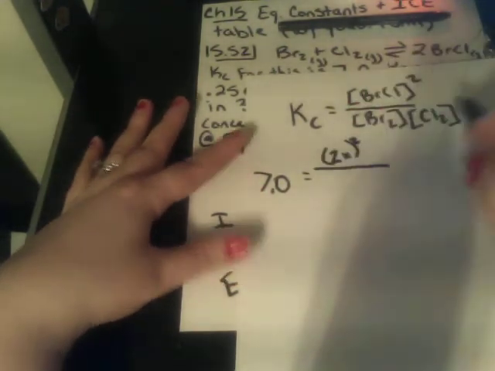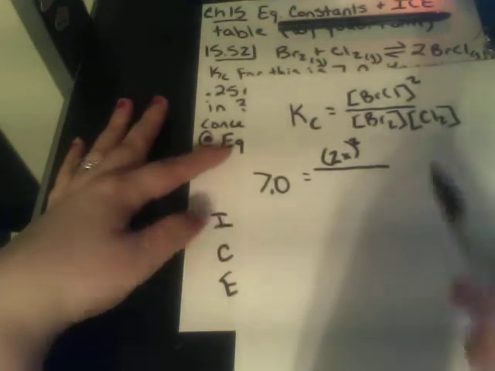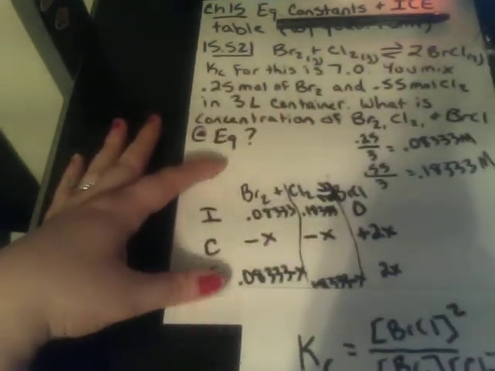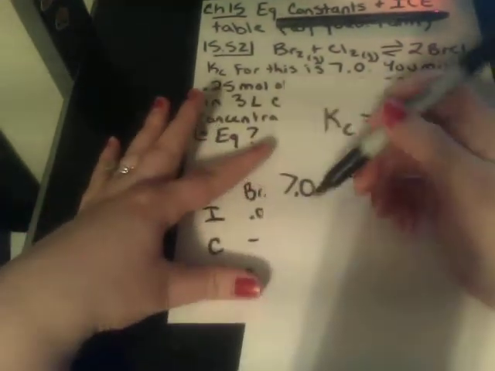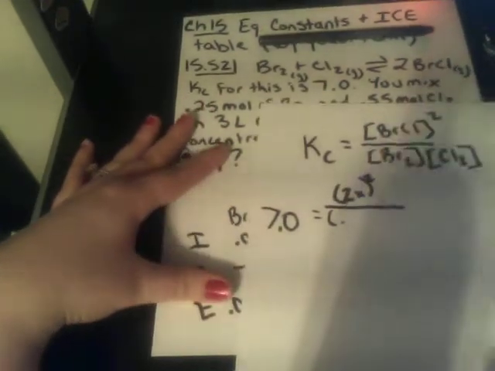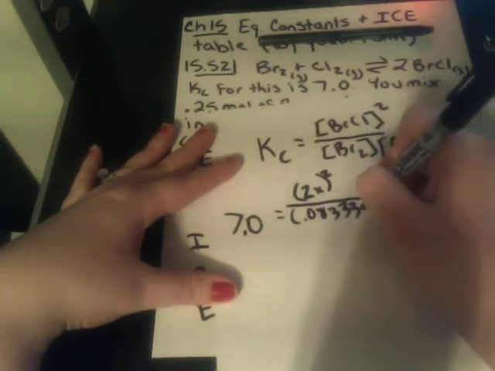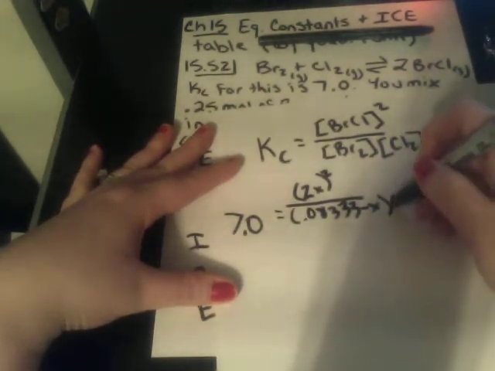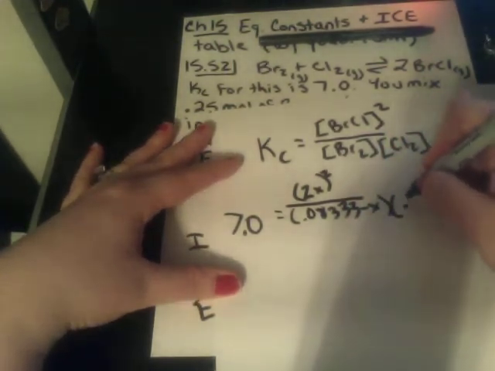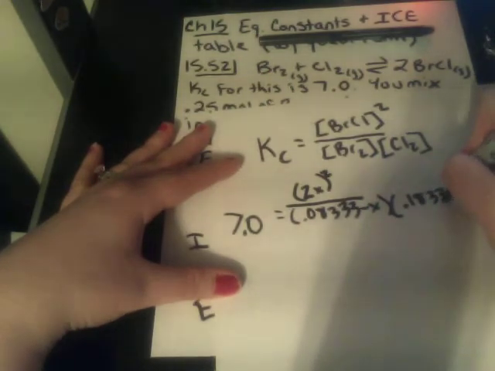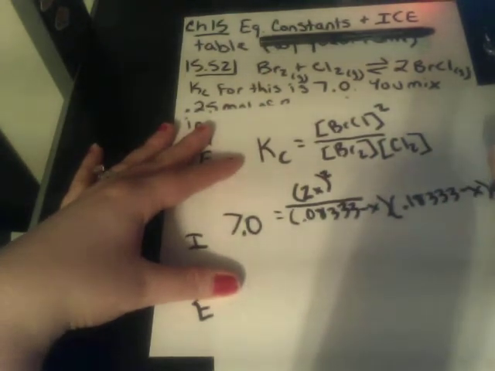The bottom here, though, is going to be a little bit longer. Br2, we said, is going to be 0.08333 minus x. And Cl2, if you recall, was 0.18333 minus x. Woo!